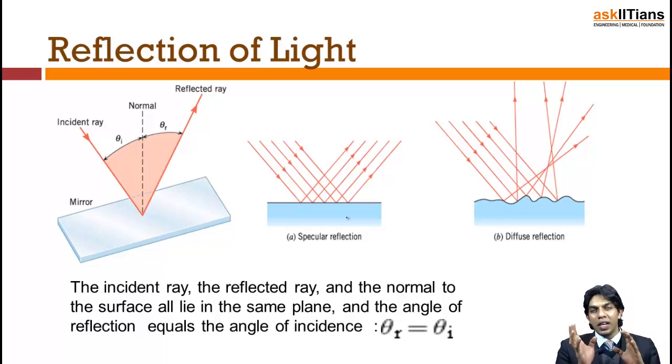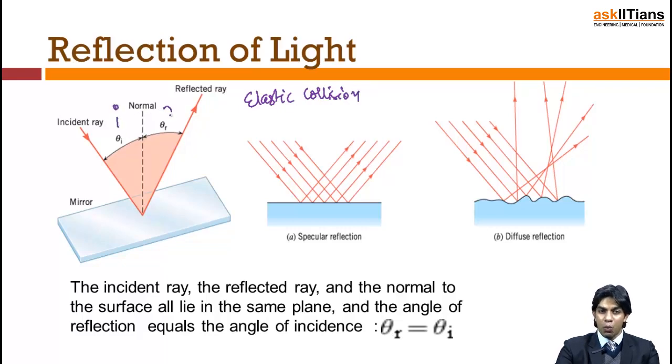Now, we have studied that one of the ideas corresponding to light is that light consists of very small particles which have matter. So it's like a stream of small balls coming, hitting the surface and then moving on. If those balls undergo elastic collision, then the angle of incidence will be equal to the angle of reflection.